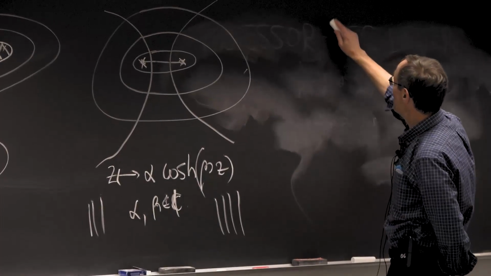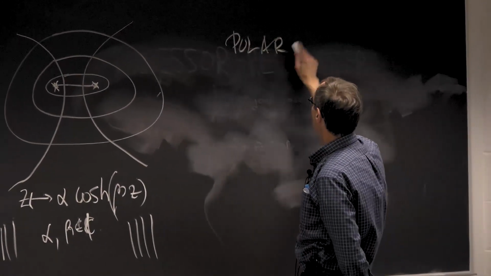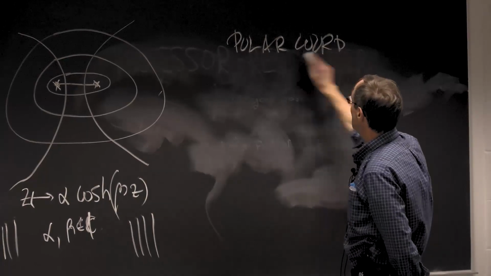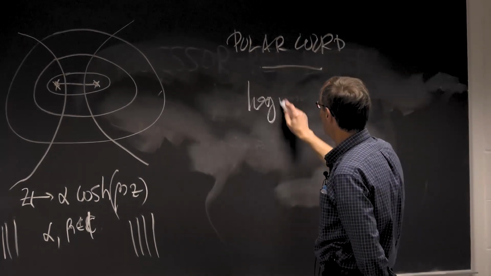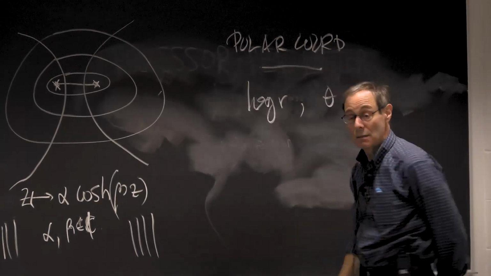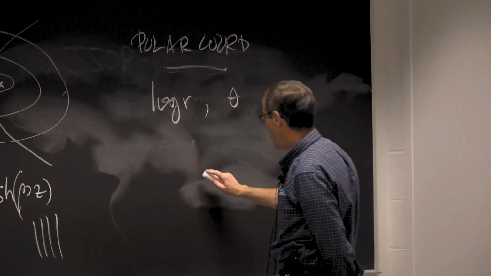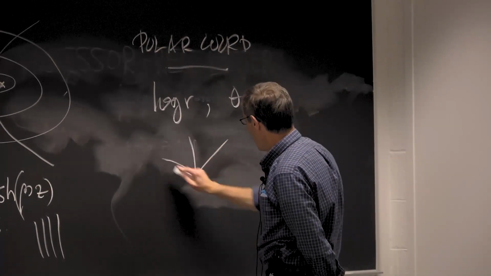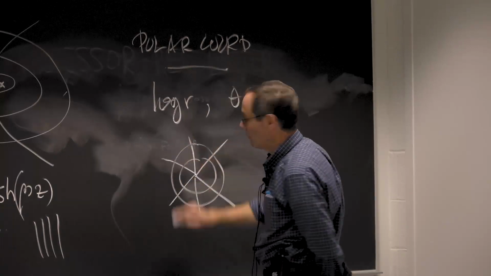The simplest example is polar coordinates. So in polar coordinates, the functions are log r and theta. Those are the harmonic conjugate functions. And the level sets are rays or concentric circles. All right?